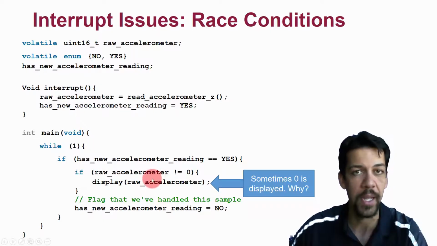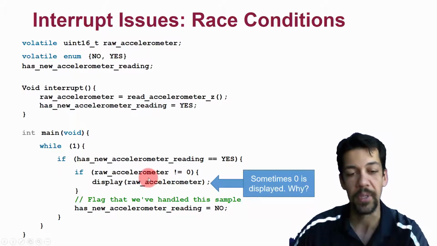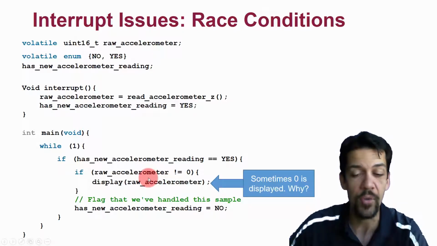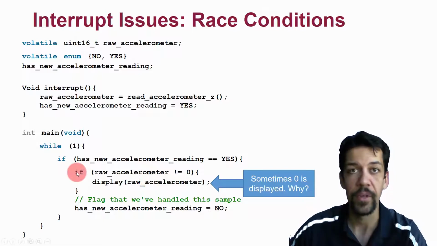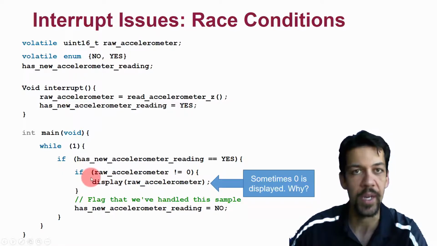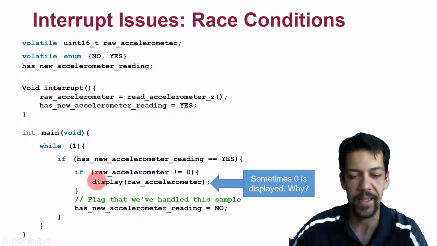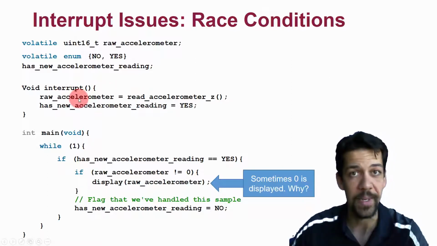So I should only display it if it's non-zero, right? But the problem is in this situation we do end up seeing some zeros, and the reason why is because in between this decision here and the display function, sometimes we'll get a little interrupt trigger, and that changes the value of raw accelerometer, which might be 0, right?